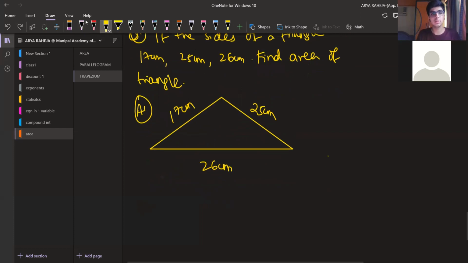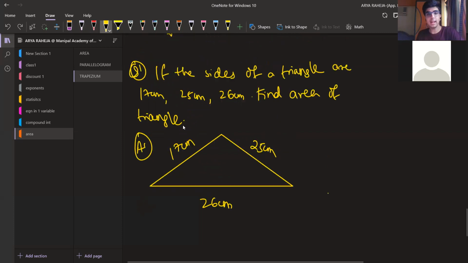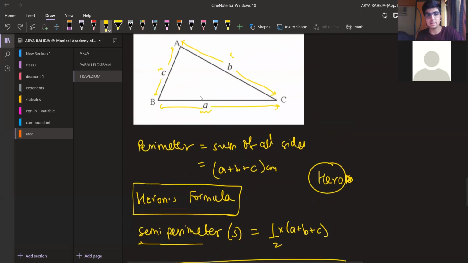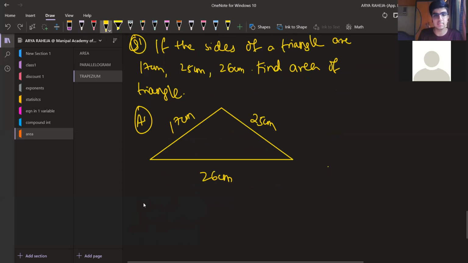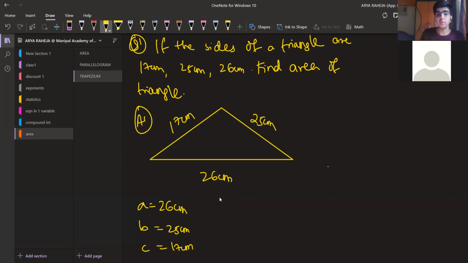Okay, so देखते हैं. तो यहाँ पे in the above triangle the sides are denoted as A, B and C. Small a, small b, small c. Okay, so let's just assume it to be something. So small a is 26 centimeter, small b is 25 centimeter and small c is 17 centimeter. So we need to find S now. S is semi-perimeter, which is A plus B plus C upon 2.